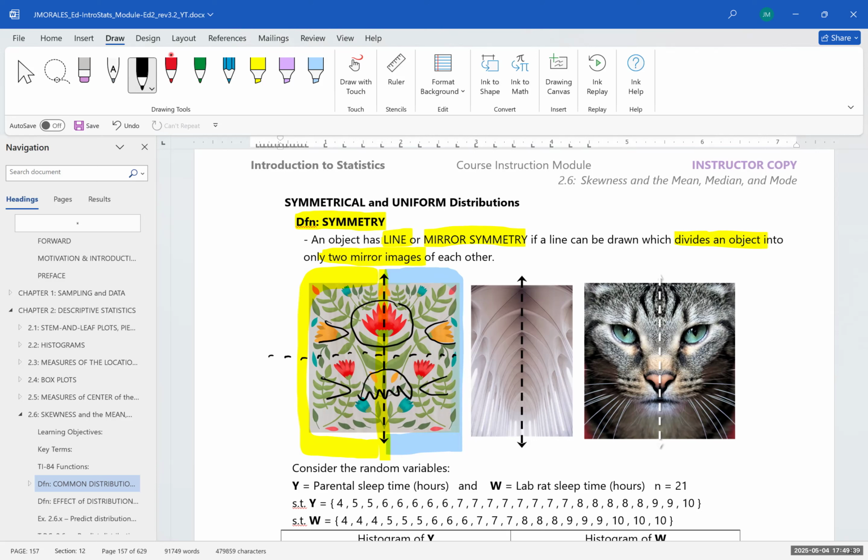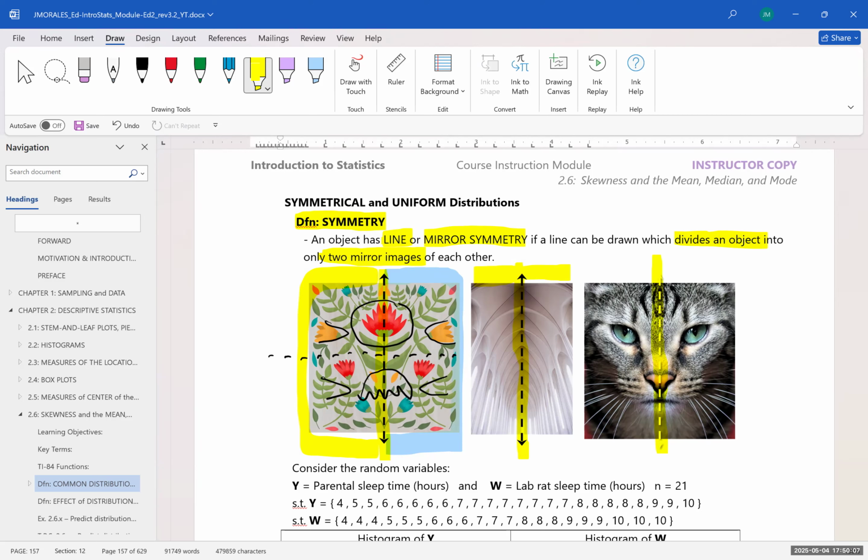So this line of symmetry is clearly going from the top down. Now here's the hallway, which looks like the inside of an old medieval church, and it has a line of symmetry right down the middle of this image. It's the same on the left-hand side as it is on the right. And here's the image of a cat. The line of symmetry is right down the center of its head from top to bottom.